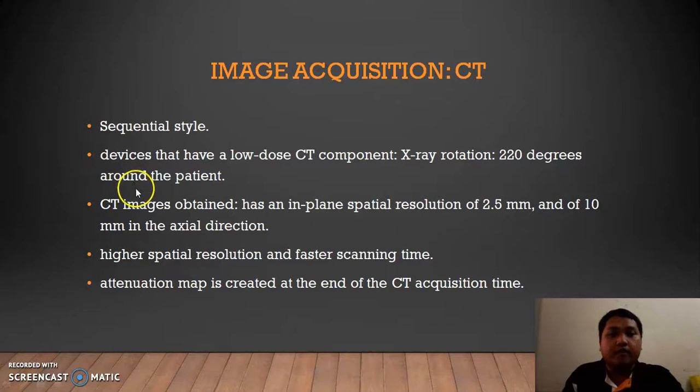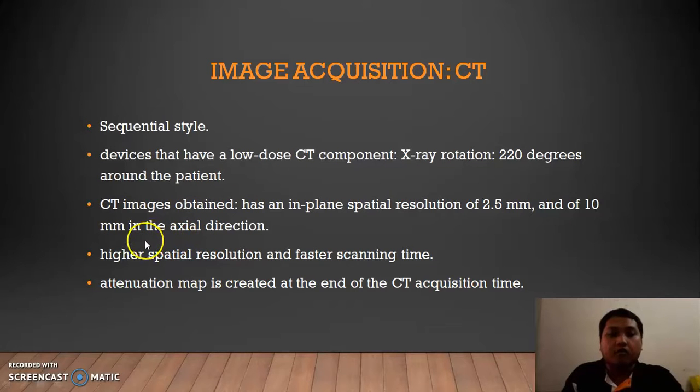So the method of image acquisition of CT is using a sequential style. So it means the images are taken in order. Second, it has a low dose with a CT component and X-ray rotation 220 degrees around the patient. In CT images, we can obtain an intense spatial resolution of 2.5 to 10 mm in the axial plane.